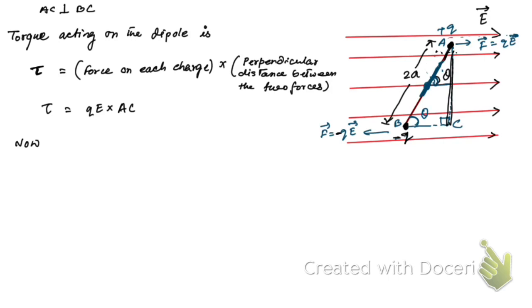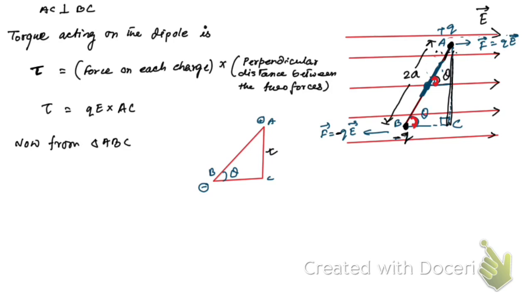Now if you see this triangle ABC, this is the dipole AB, here is the BC and here is the perpendicular AC. Suppose here we have positive charge, here we have negative charge. This is A, this is B, this is C, and this is the angle theta. If this angle is theta, this must also be theta, because they are corresponding angles. So from triangle ABC, let's find AC.